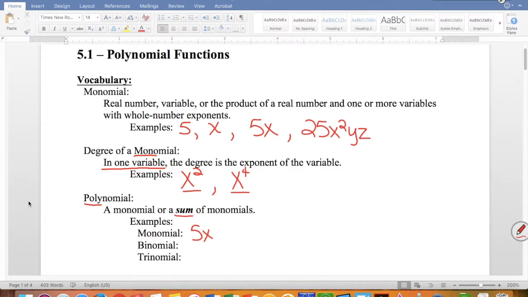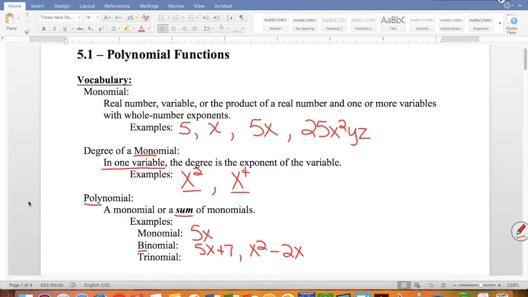A binomial would be two monomials. Okay, a binomial is a specific polynomial where it might be something like 5x plus 7. It could also be x squared minus 2x. Okay? Those are all examples of binomials because there are two terms with addition or subtraction in between them.